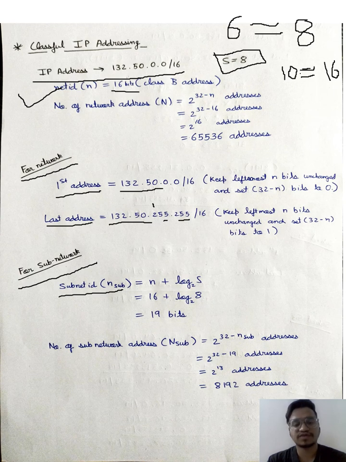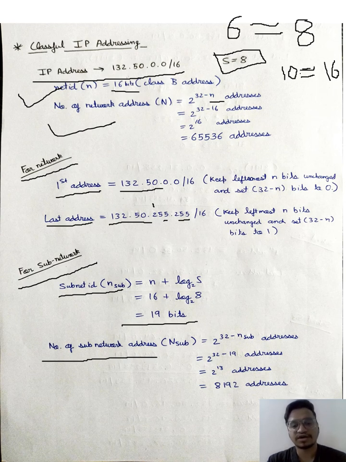So the value of n sub is 19 bits, and the next thing we have to calculate is the number of addresses in each subnetwork, which is represented by capital N sub, exactly like capital N for a network. The formula for that is also 2 power 32 minus, but here we use n sub instead of small n, because we are calculating this for each subnetwork.